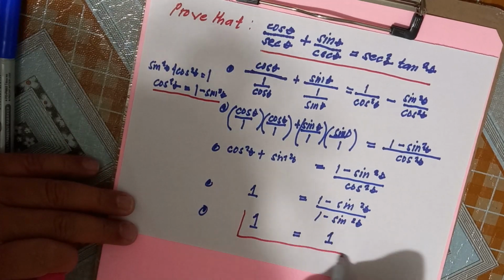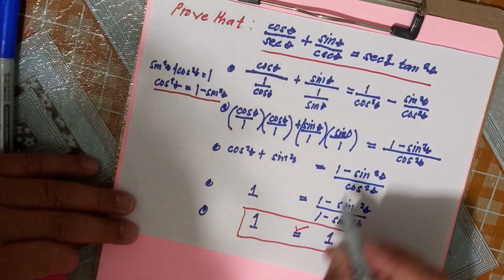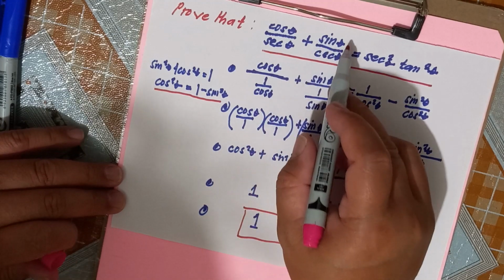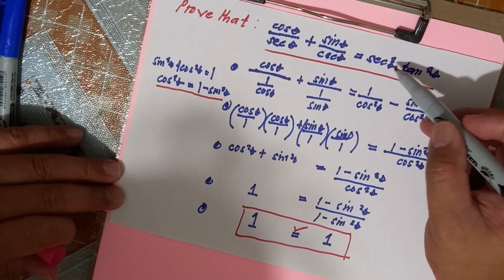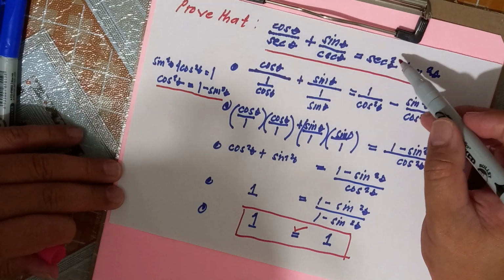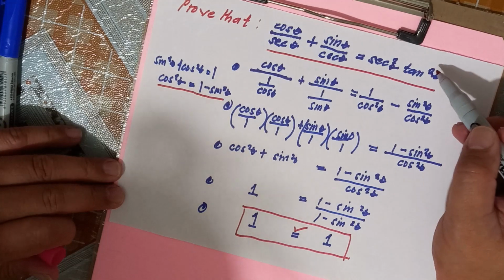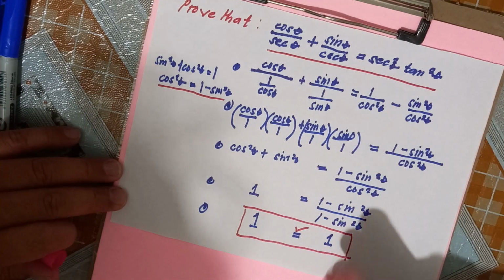So meaning to say, we can now say that cosine theta over secant theta plus sine theta over cosecant theta is really equal to secant squared theta minus tangent squared theta by this result.